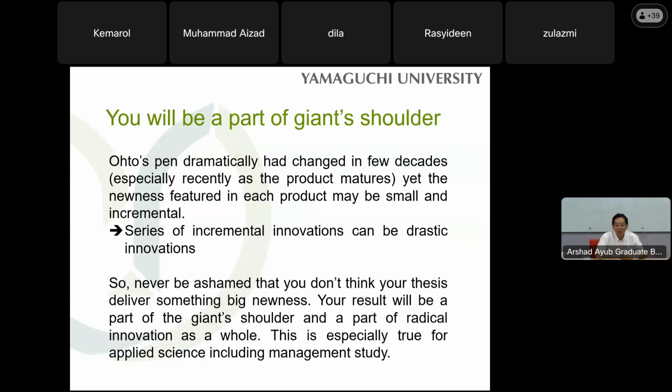So be cautious. This is your first very precious training to be a good innovator. The first incremental innovation may be small, but if you keep innovating, by the time you retire, you will have achieved drastic innovation in the end.